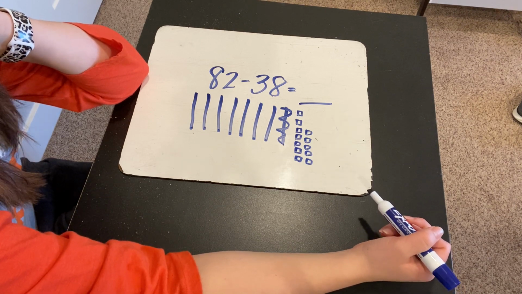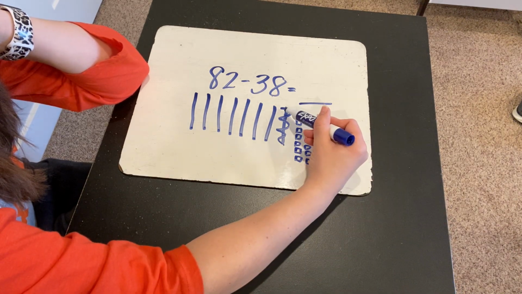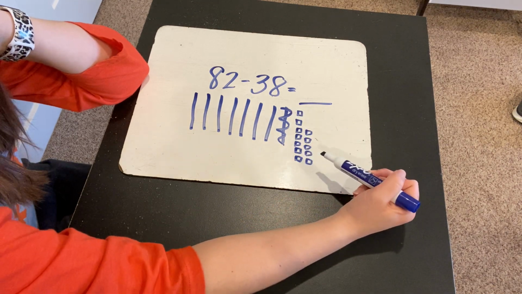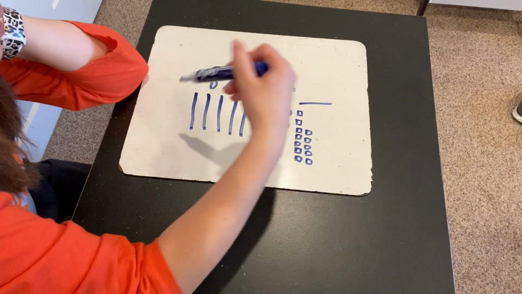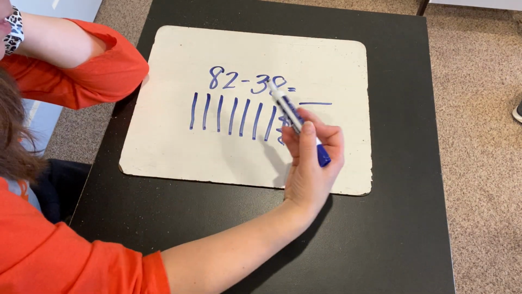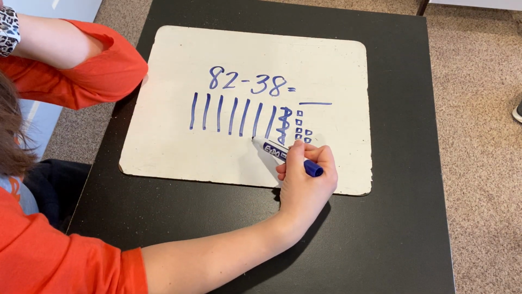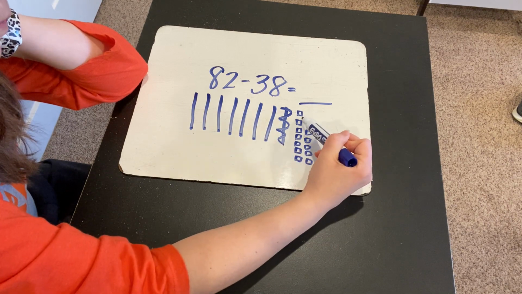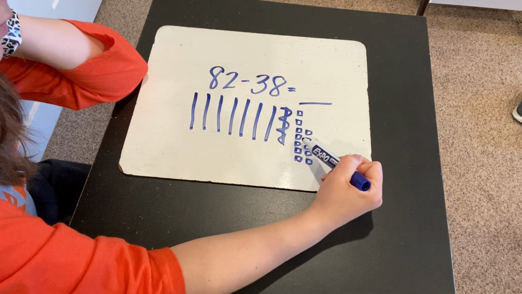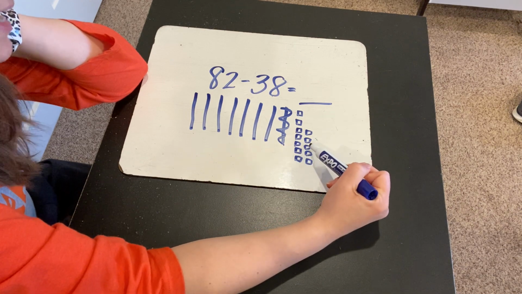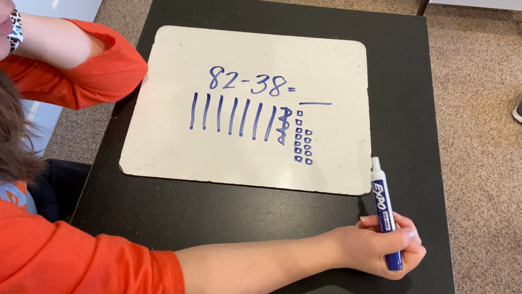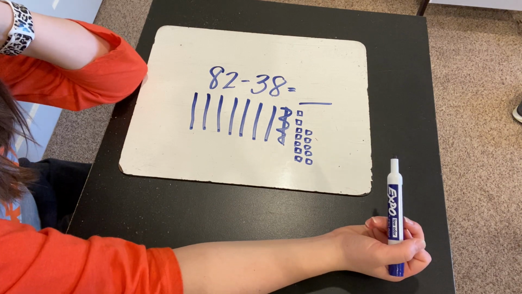It should be, right? Because I just took a 10 and I broke it into 10 ones, but I didn't take anything away. Let's count and make sure that we still have 82. 10, 20, 30, 40, 50, 60, 70, 71, 72, 73, 74, 75, 76, 77, 78, 79, 80, 81, 82. See, we still have 82.